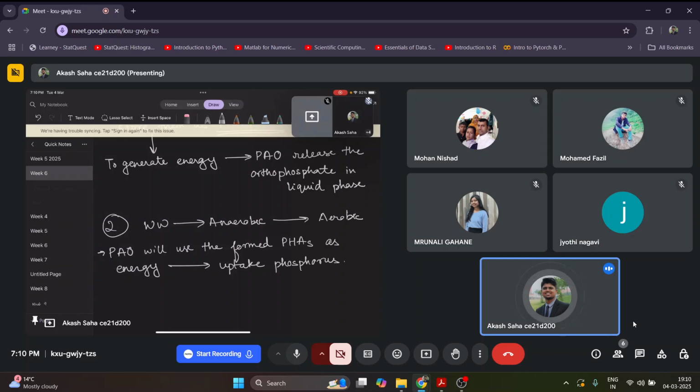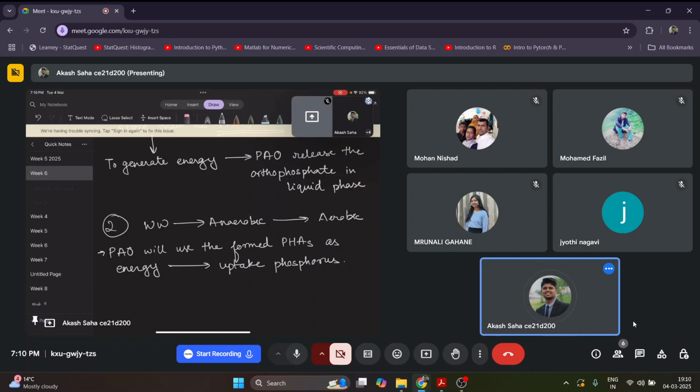Whatever phosphorus or phosphate is there in the system, the bacteria is again taking up into their cell, and the energy they are using now is in the form of PHA.